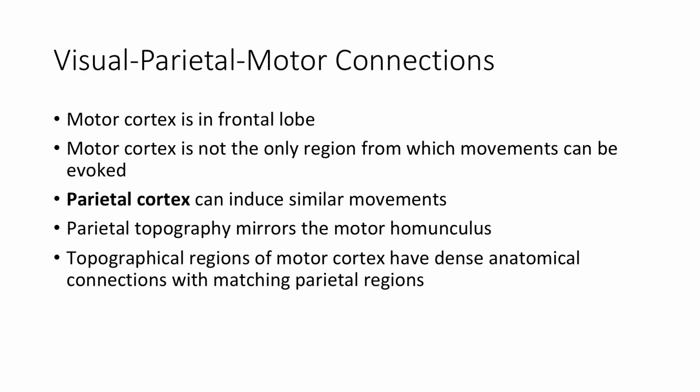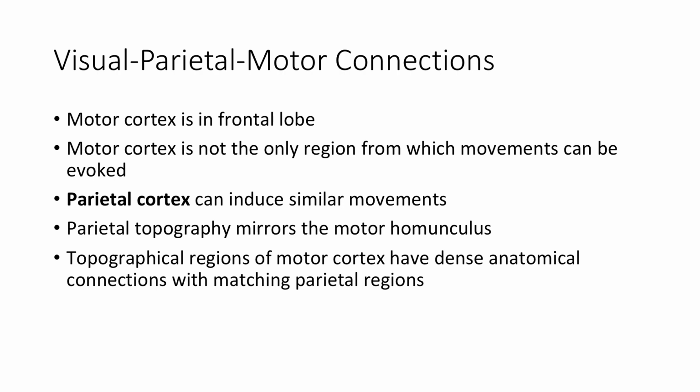The motor cortex is not the only region from which movements can be evoked, and we talked about this a little bit in the previous video. Similar functional movements can be elicited by electrically stimulating the parietal cortex. We went over some anatomical pictures. The parietal topography technically mirrors the motor homunculus, so it is similarly organized.